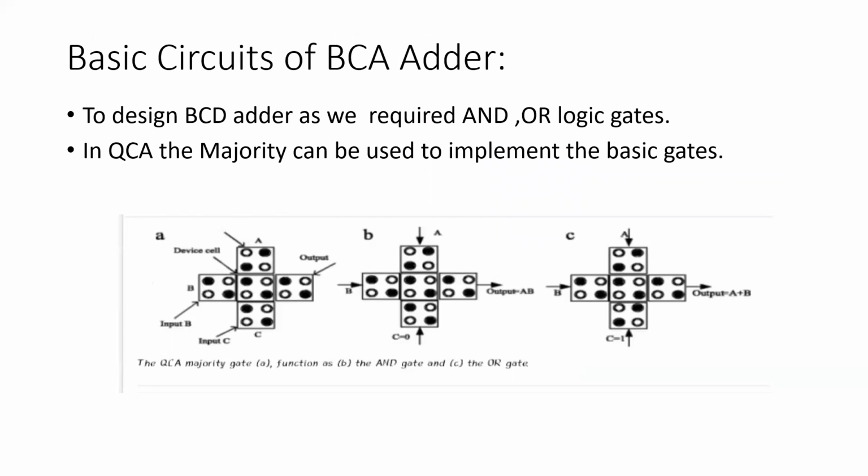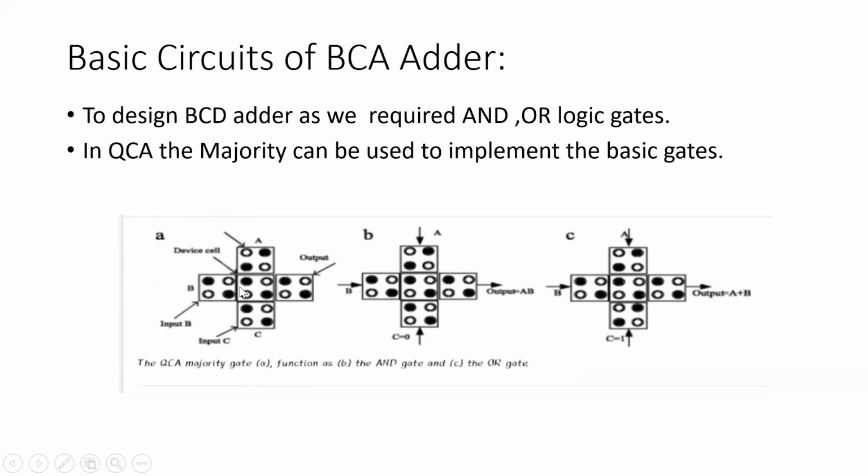Going to the basic circuits of the BCD adder, to design a BCD adder we require AND and OR logic gates. In QCA, the majority gate can be used to implement the basic gates. The majority gate is the first figure as shown, and this is the majority gate when it is used as an AND gate, and this is the majority gate when it is used as an OR gate.